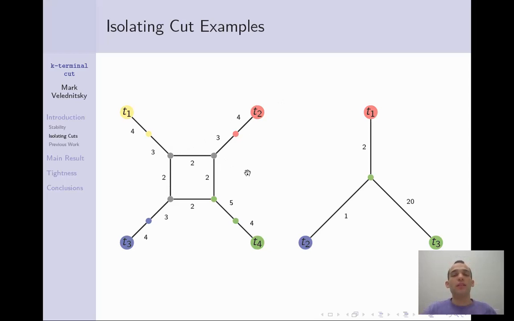We don't know because they don't belong to any of the source sets of the isolating cuts, but for some of them we do know which terminal they should belong to in the optimal solution because of the isolating cuts. Now, in this example on the right-hand side, albeit it's sort of a simple example, it shows us that in certain instances, taking the isolating cuts is enough to recover the optimal solution, and that's essentially what we're going to show, a structural result that we're going to show in this paper.